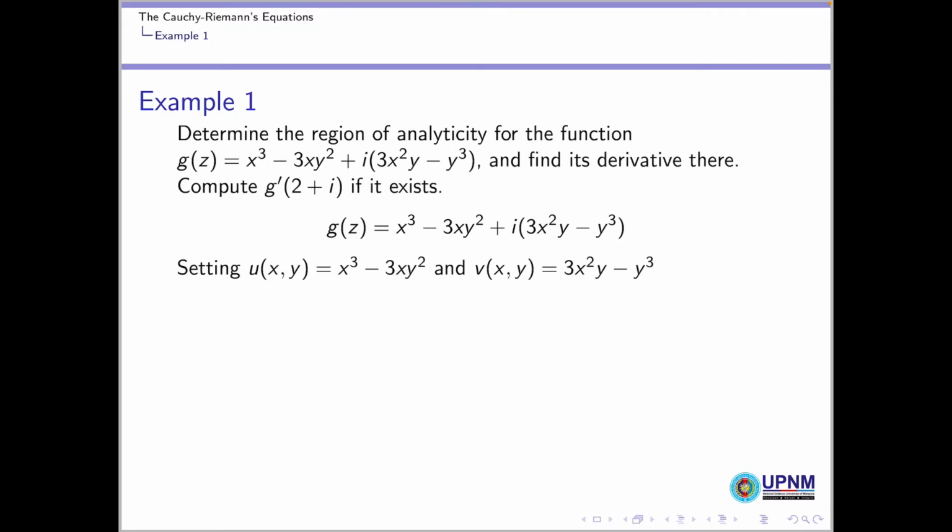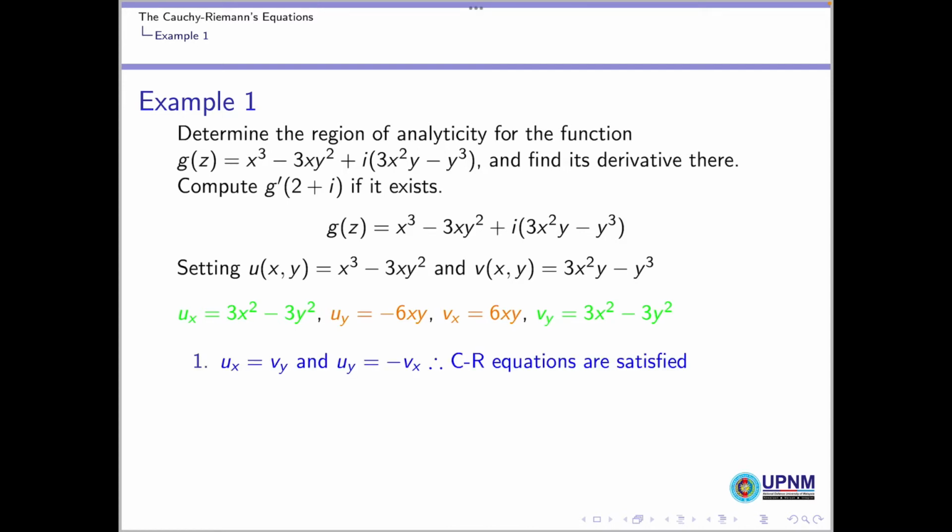The second step is to do the partial derivative u_x and then the partial derivative u_y. Same goes for v_x and v_y. Therefore, we will consider those two conditions that were previously stated, u_x equals v_y and u_y equals negative v_x.